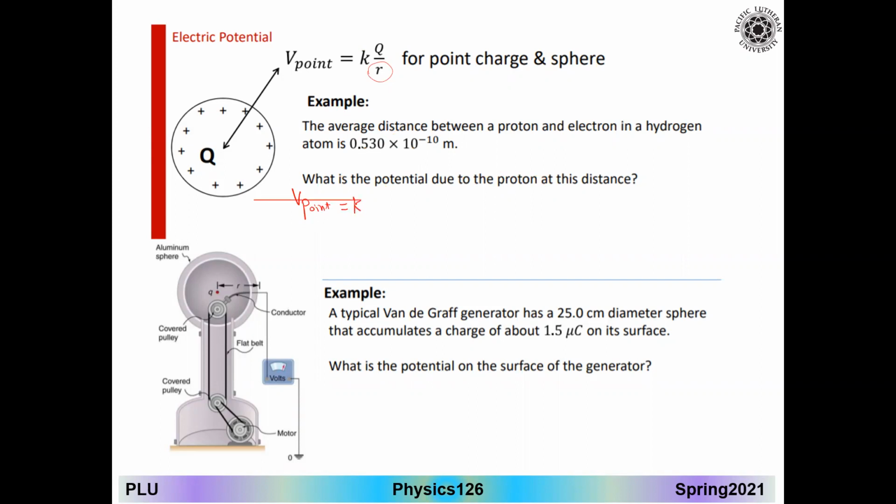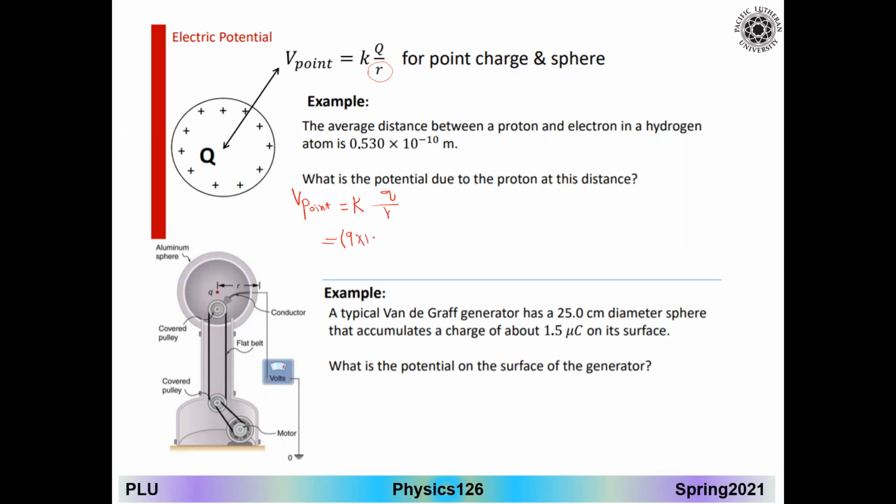The formula that we have is V equals K Q divided by R. So this is our formula. Here is the Q divided by R, and here are the numerical values in this case.